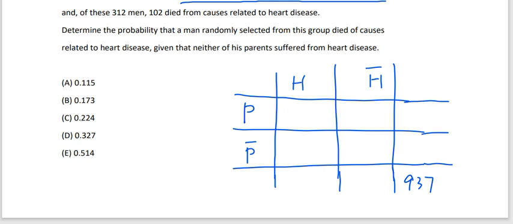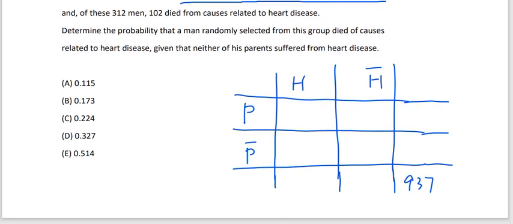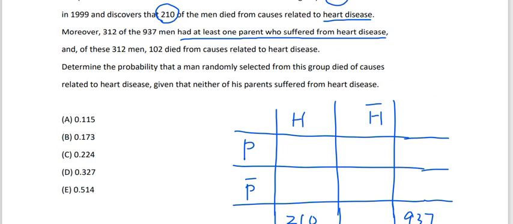So let's see. Okay, let's say so many people die from heart disease. So heart disease, this is 210. Okay, the 210 goes to this number here. And 312 of those people's parents have suffered heart disease.